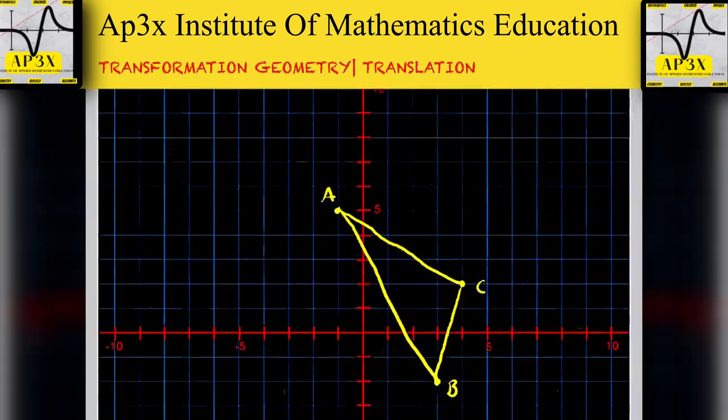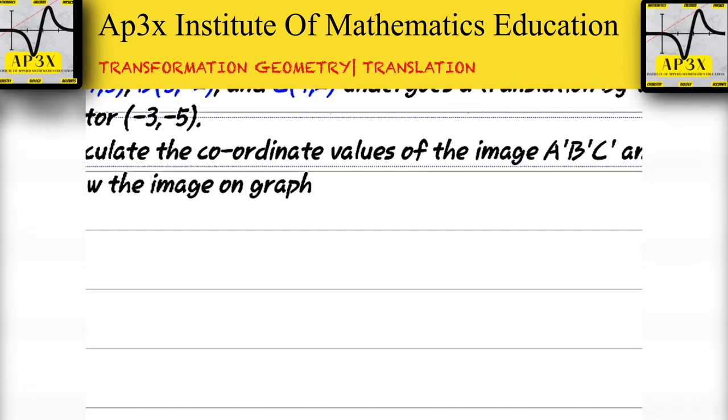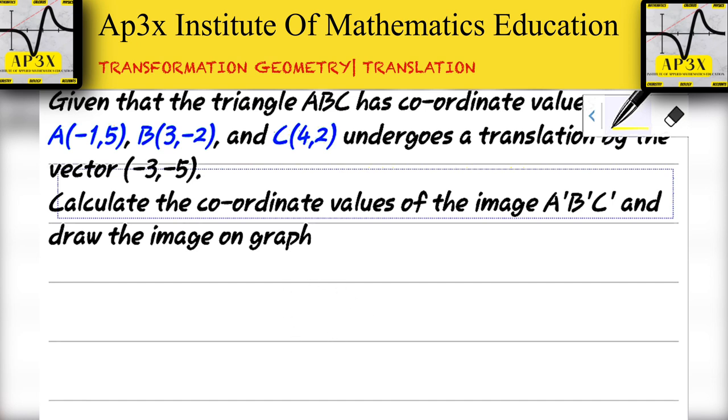Now, from a graphical perspective, what the question is actually saying is that each vertex on this particular triangle will be moved by the vector. So that means each of those points are going to take 3 steps to the left, then 5 steps down.